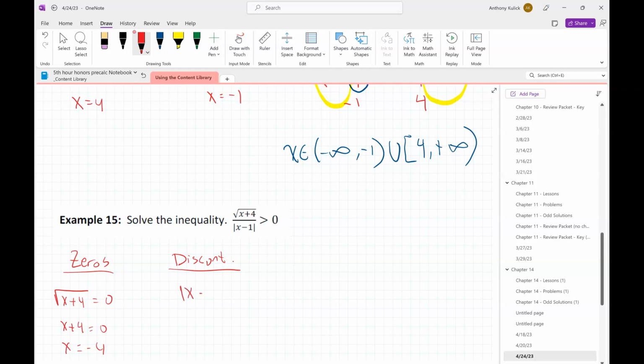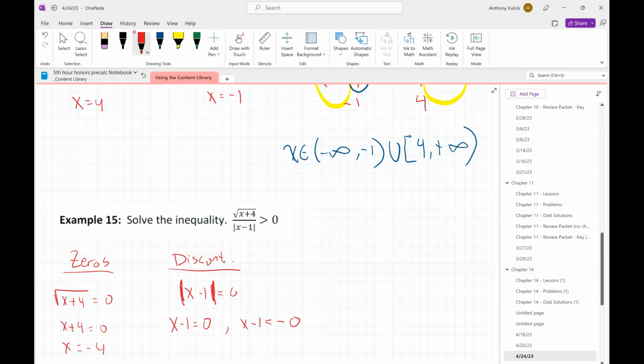So we can solve or set the denominator equal to 0. Now notice that, how do we solve an absolute value equation? You do that, but then you also have to negate what it's equal to.